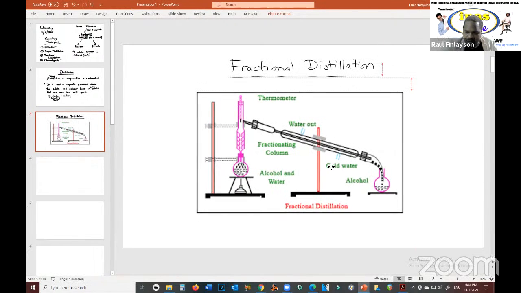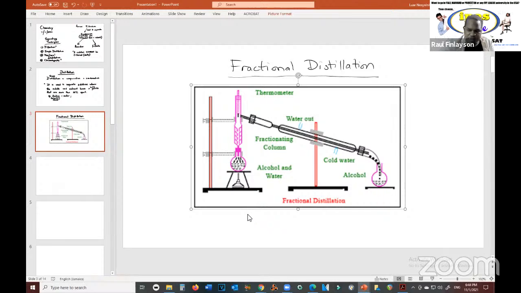Again, the example here is the same, evaporation and condensation. However, the one difference in the setup is which device? Which one is in this setup that's not in the simple distillation? All right. Let me give you a better image.